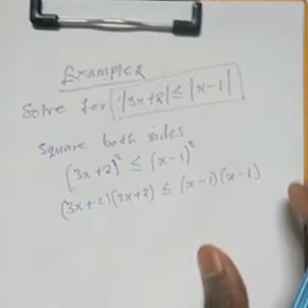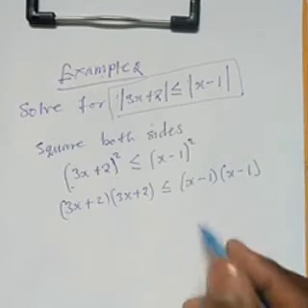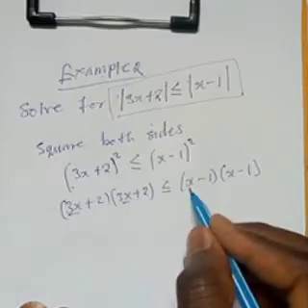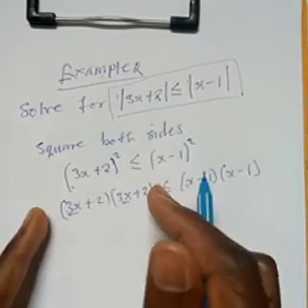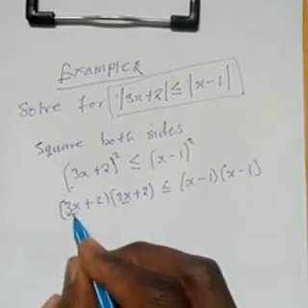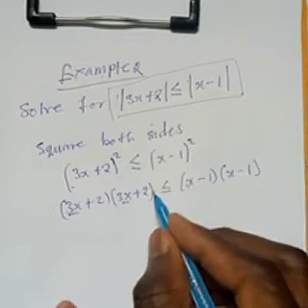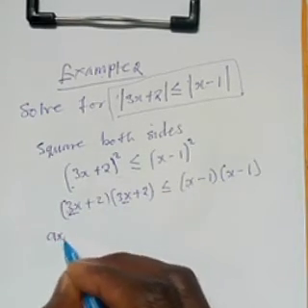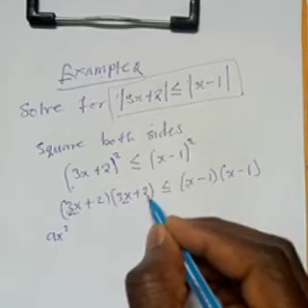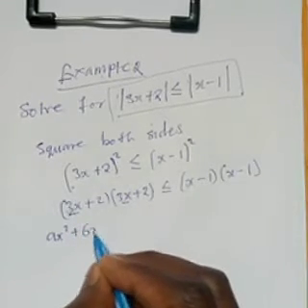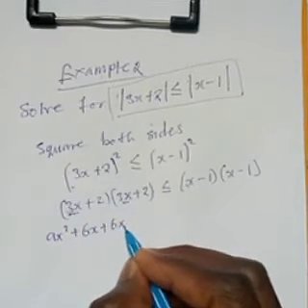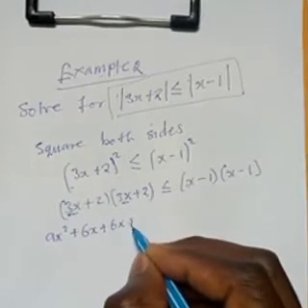So what next? You multiply this by that. In short, you start from the left hand side and you know how to multiply these numbers. This multiplied by that, I'm going to get 9x square. This and that, I'll get 6x. This and that, I'll get 6x. This and that, I'll get 4.